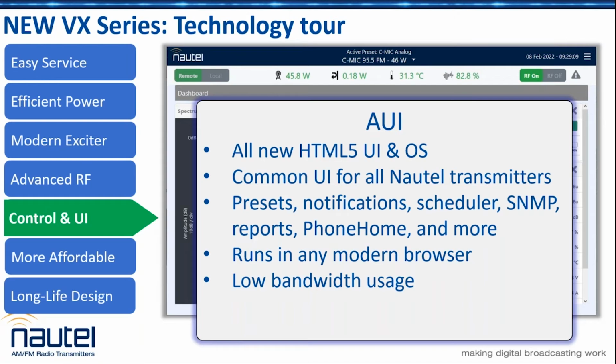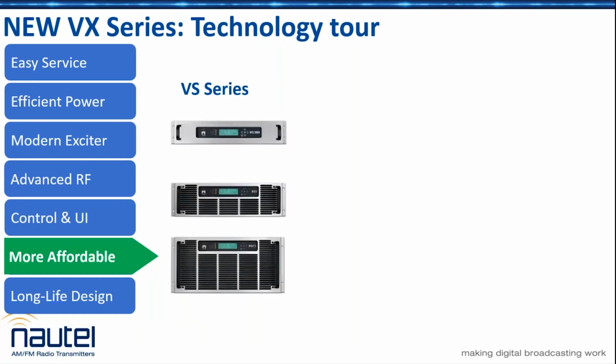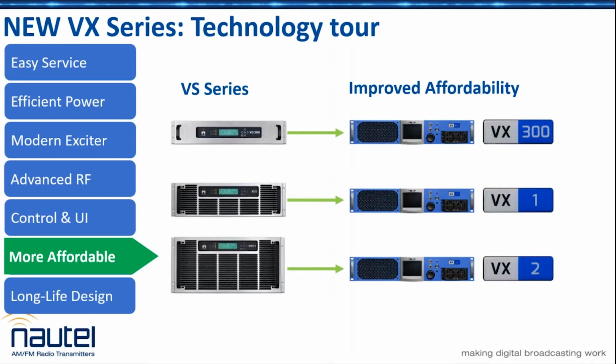So let's put it together and illustrate it by comparing it to the VS series. First of all, you'd get improved affordability. The pricing is more aggressive, and we can essentially match the models that we have already in the VS series.